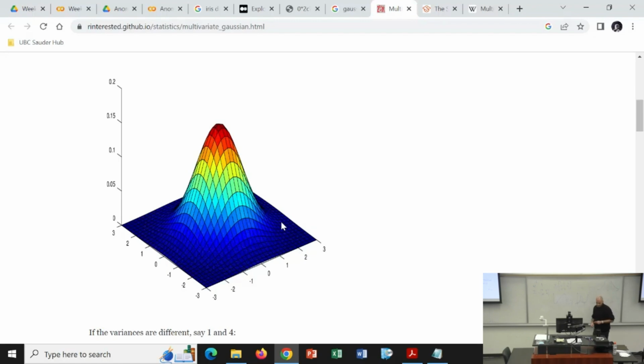Let me just draw it again. So let's say that we're dealing with some distribution. The histogram for that distribution looks like this. There is some mode here, and there's another mode here. This is some bimodal distribution.